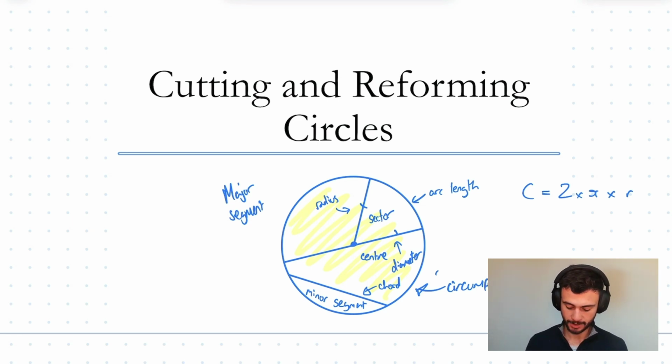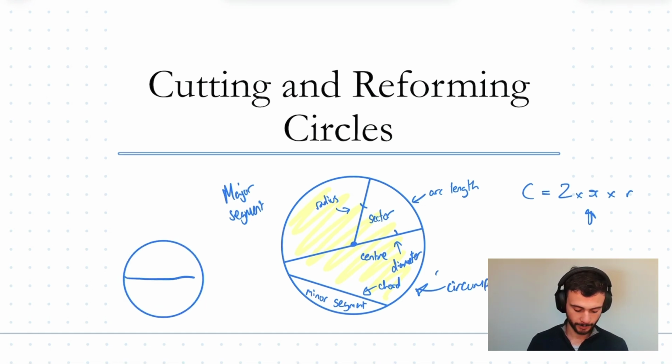Now, what is pi? So if we have a circle of diameter 1 and you measured the circumference of the circle, you would get a number approximately 3.14.